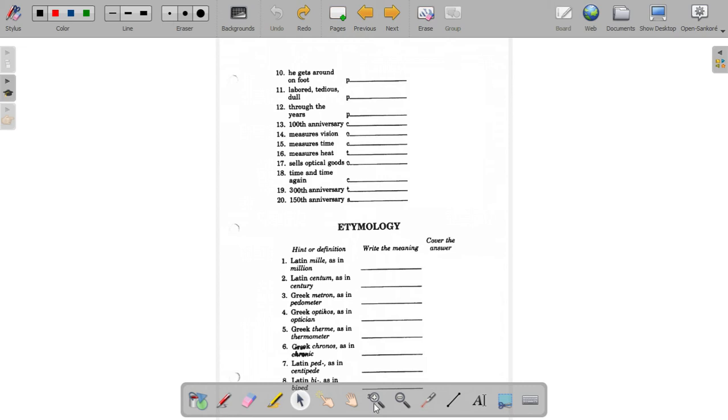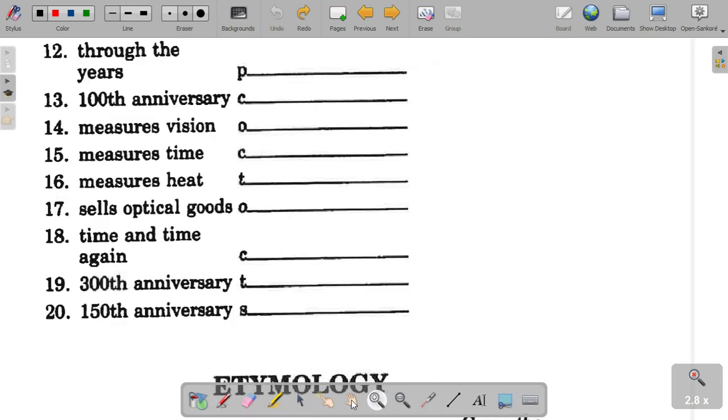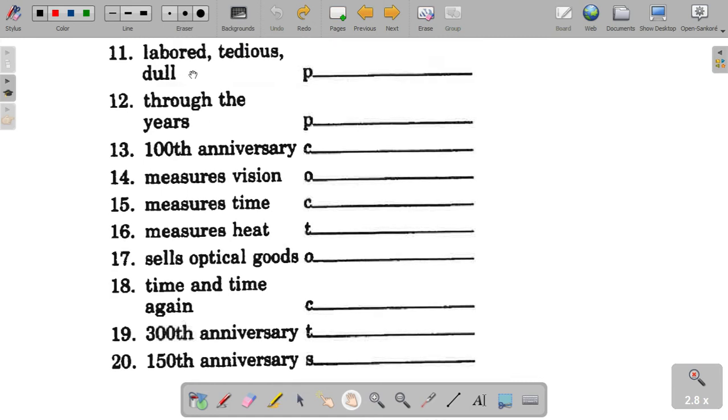A person who gets around on foot. Pedestrian. Pedestrian, good. Labored, tedious, or dull. Pedestrian. Also pedestrian, good. Through the years? Perennial. The 100th anniversary? Centennial. Good.